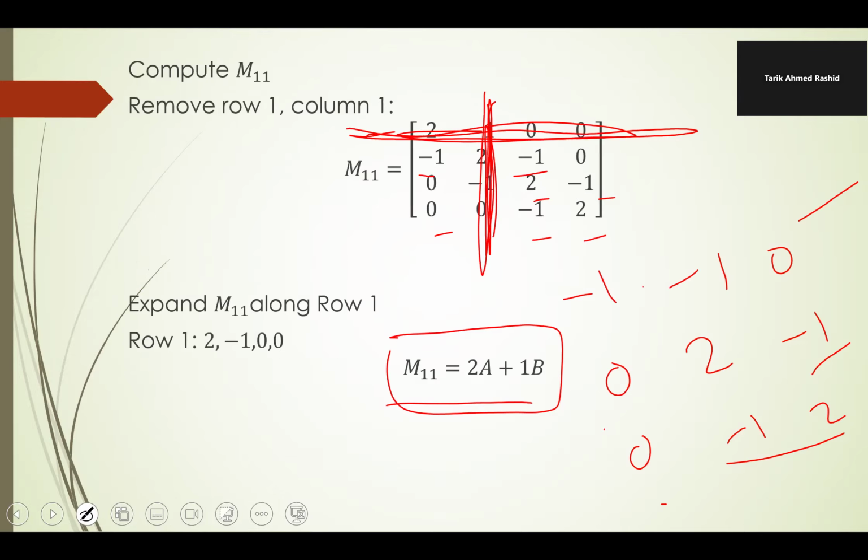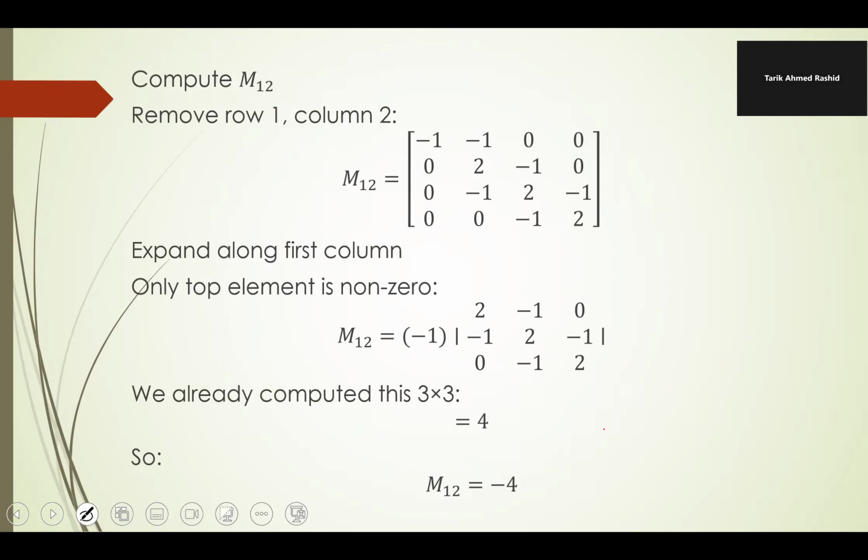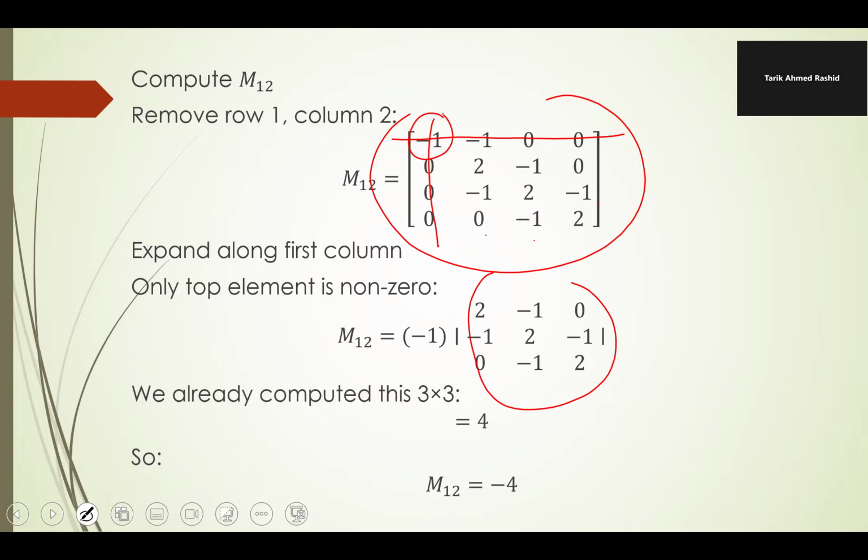That's what we get. Likewise, to find M12, we will remove this one and this one. Then we have 2, minus 1, 0, and minus 1, 2, minus 1, and 0, minus 1, 2. So that's what we have. We multiplied by minus 1.